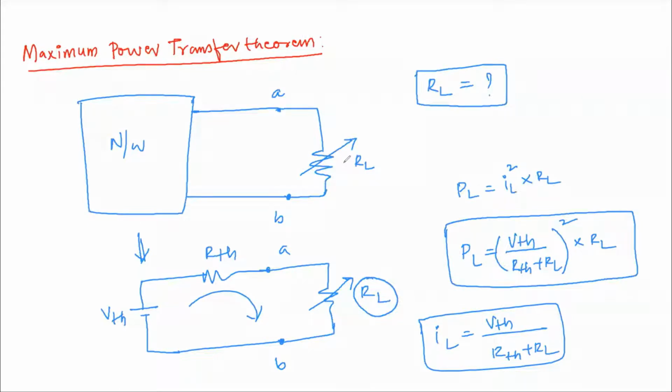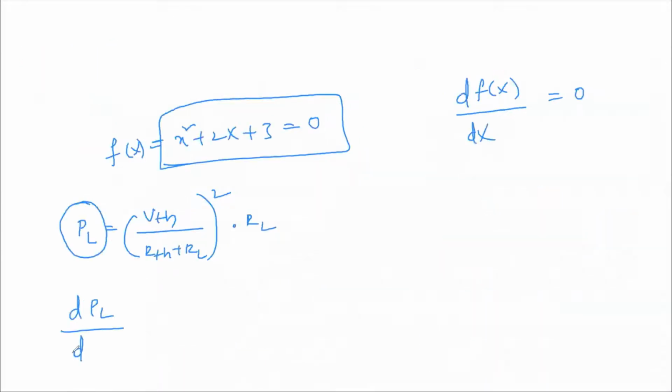At which load resistance maximum power is transferred to the load, we are checking. So the variable we have to take is RL, and we have to equate the derivative to 0. Do the differentiation and try to equate it to 0.